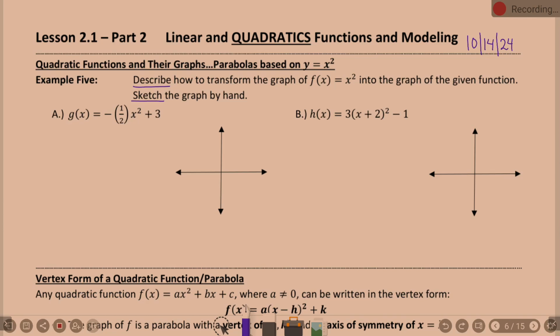What are the pieces you see here that are going to affect my graph? A reflection, yes? There's a negative out in front, which is a reflection. Reflection across which axis? The x-axis, okay? So a negative is going to reflect it across the x-axis. What else?